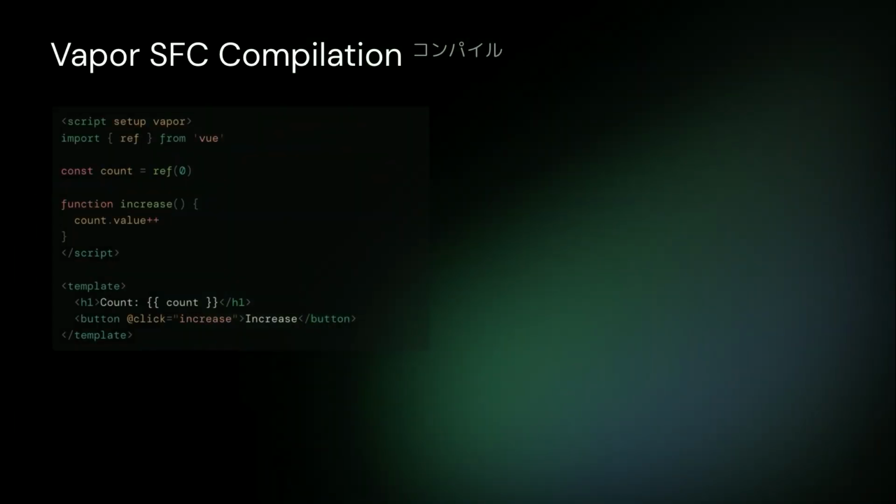Next, let's look at an example of Vue SFC compilation. SFC refers to .vue files, and as you can see, it's almost the same as a VDOM SFC. The main difference is the vapor attribute added to the script tag, which tells us it's a Vapor component.